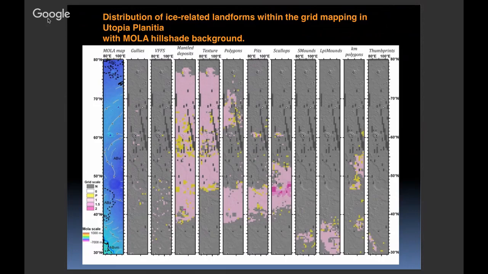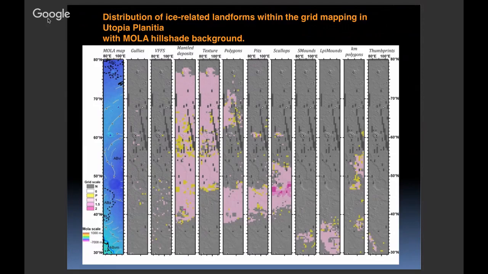And we can see quite a good concentration of different landforms in the same area. For example, here between 40 to 50 degrees north, you can have polygons, pits, and scallop terrains.